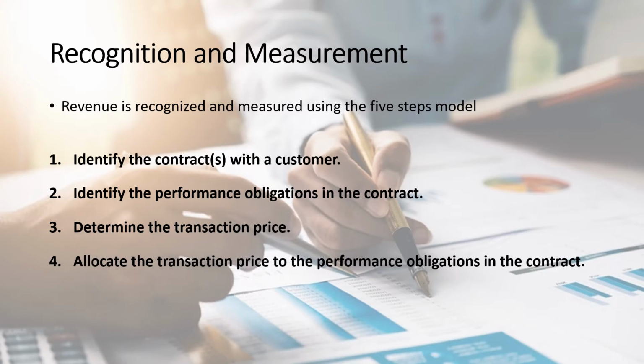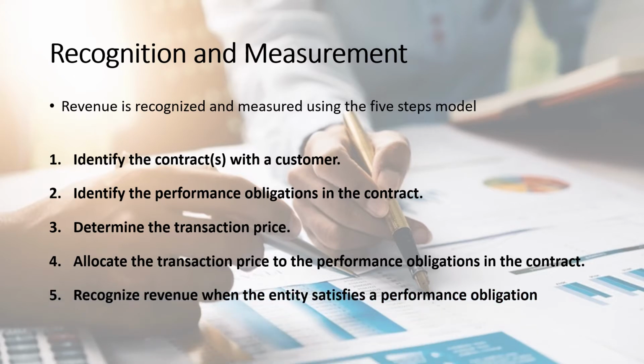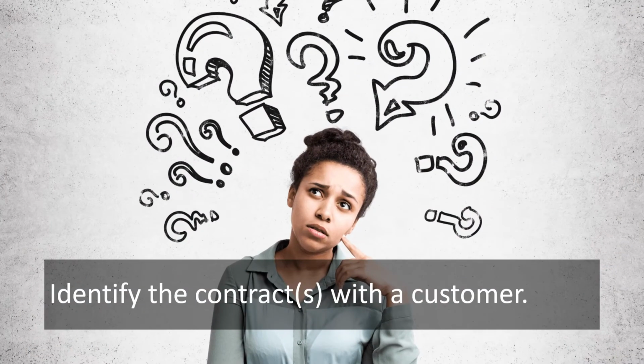Fourthly, we allocate the transaction price to the performance obligations in the contract. Finally, recognize the revenue when the entity satisfies a performance obligation. Now let's see how we are going to identify the contract or contracts with the customer.